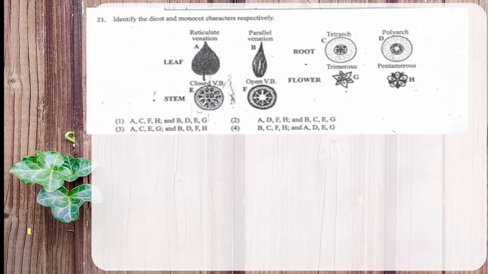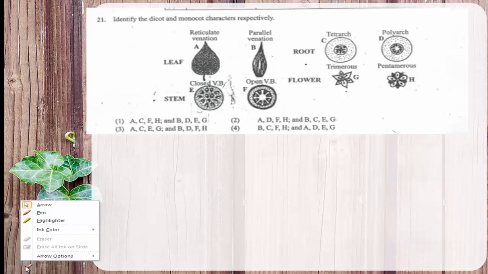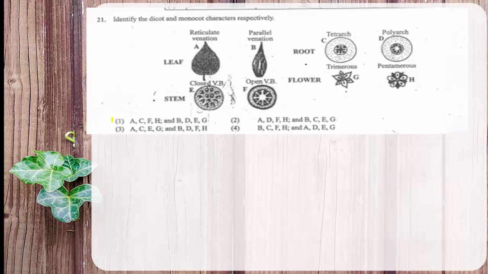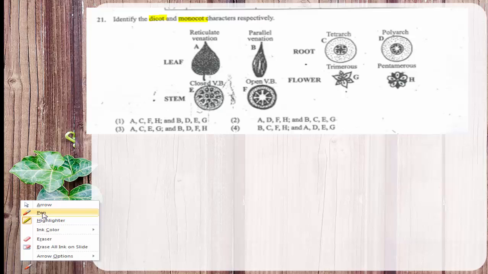Then moving to this question, this is very interesting. Here the leaf character, root character, flower characters, and stem characters are given, and in the options what are the characters representing the leaf, root, stem and flower of the dicot and as that of monocot, that we have to identify.